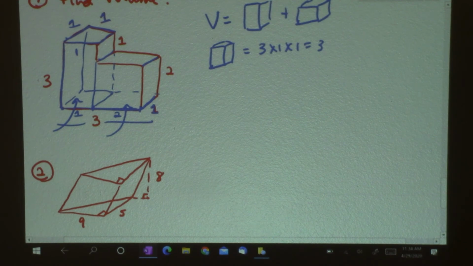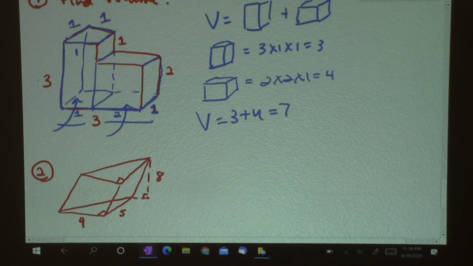That is 2. And going up is 2, and going back is 1. So the more boxy looking one is going to be 2 times 2 times 1, and that is 4. So my volume is going to be 3 plus 4, which is 7. And my units are units, so I'm going to call it units cubed.